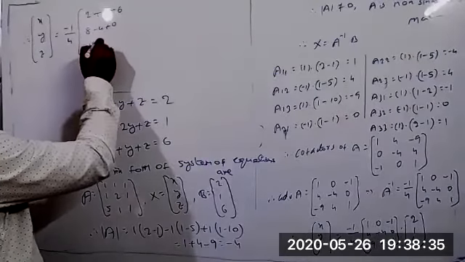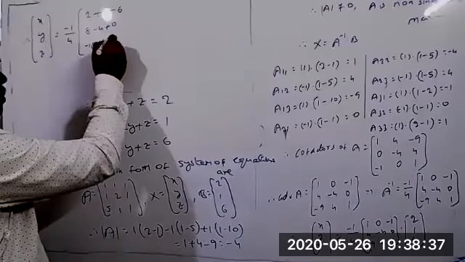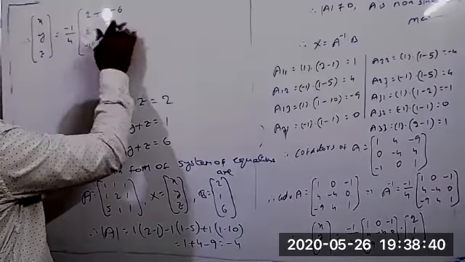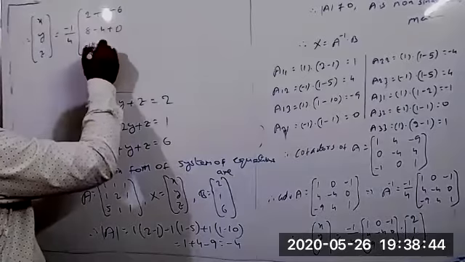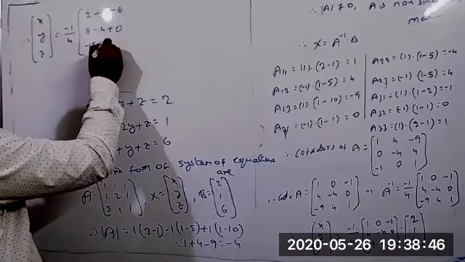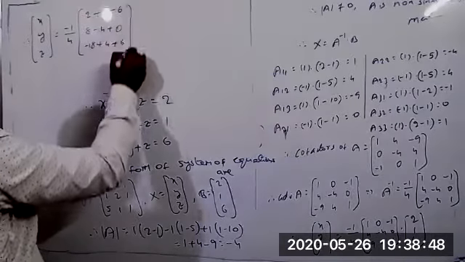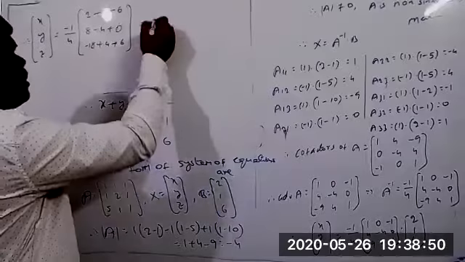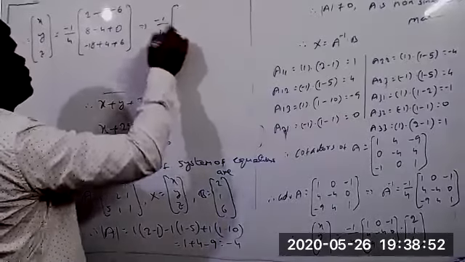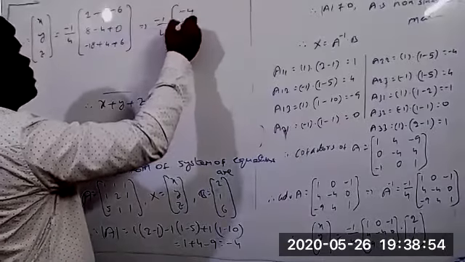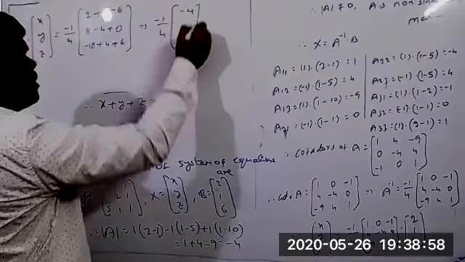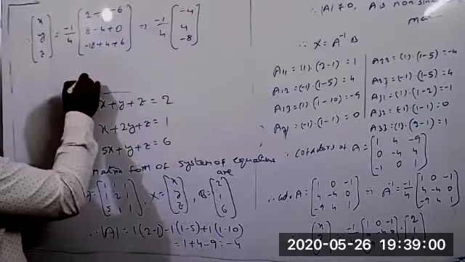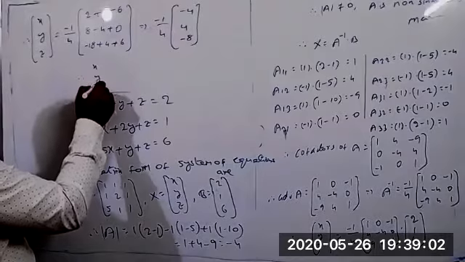Next minus 18 plus 4 plus 6. Minus 4 plus 0 plus 4 plus 6. That implies minus 1 by 4 into, this is the minus 4 and plus 4. This is minus 8 now. Minus 8. So therefore, it's plus 1, 3 by 2.